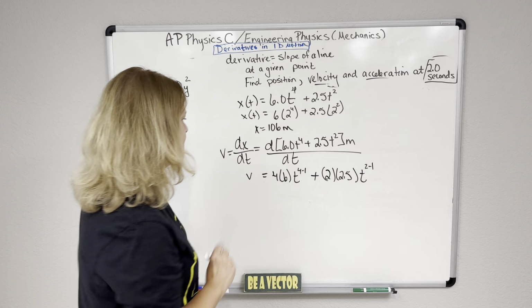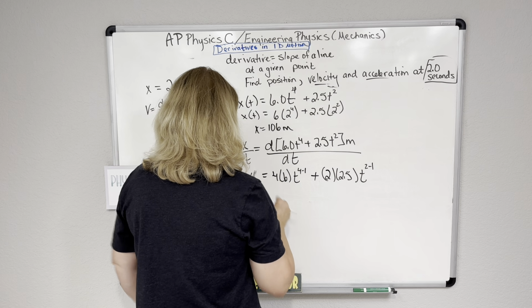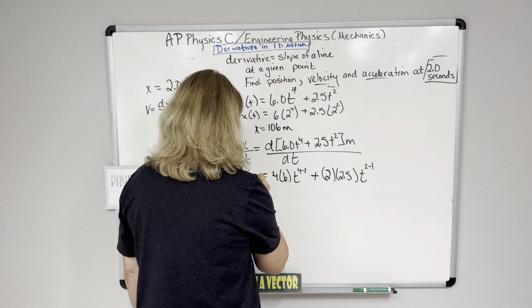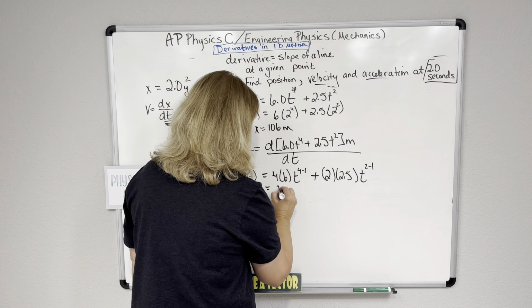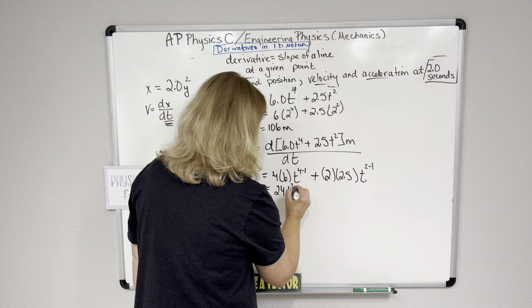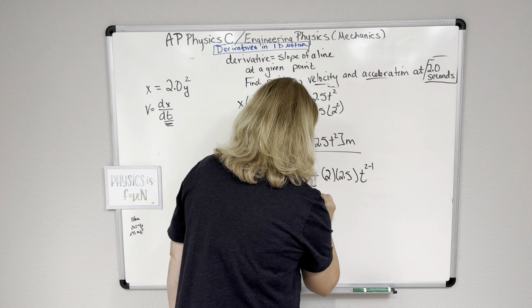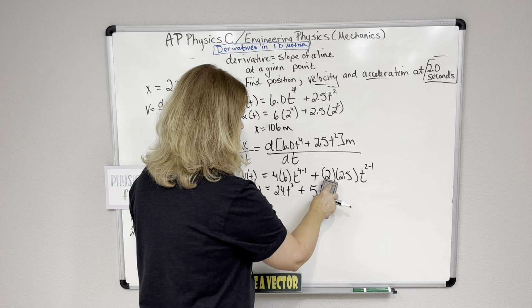And now I'm about to get a velocity equation. That velocity with respect to time is 24 t cubed, 4 minus 1, plus 2 times 2.5 is 5t to the first power, or 5t.